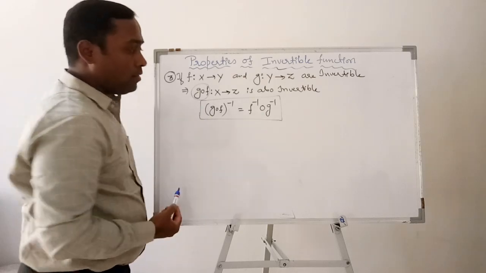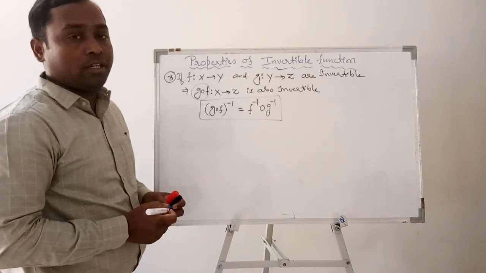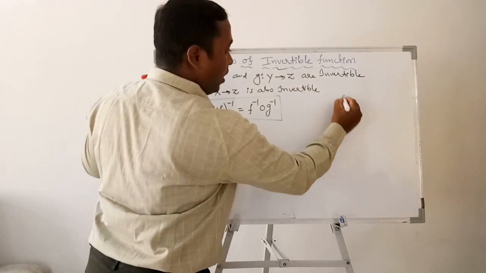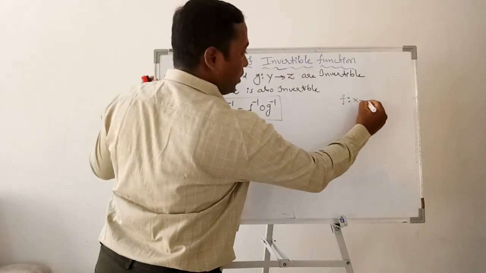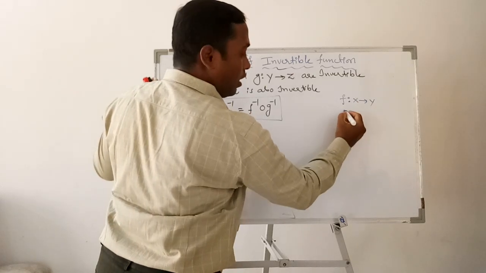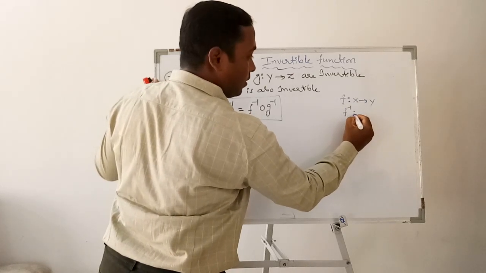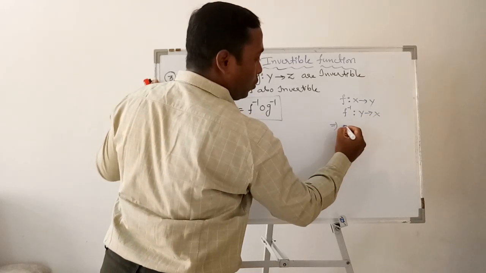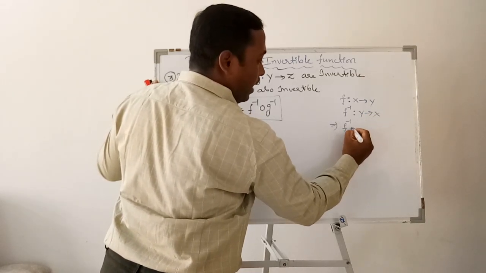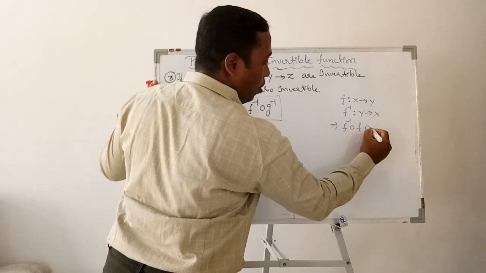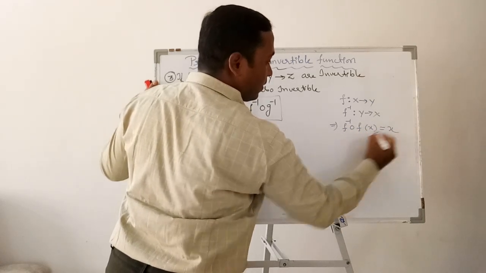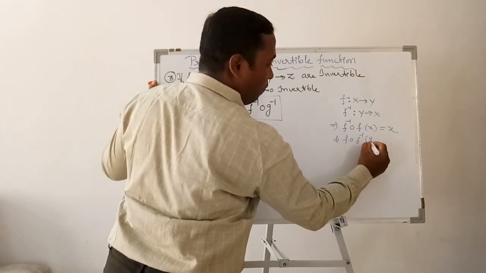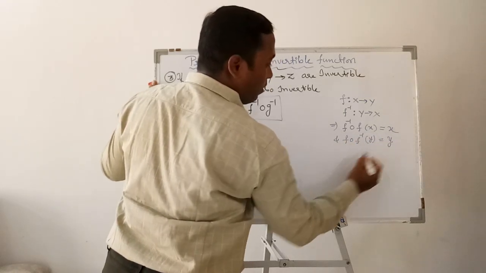To prove this, I am using the fundamental definition of invertible functions. As you know, f is a function defined from x to y, and if its inverse exists, then it is defined from y to x, and it also implies that f inverse circle f of x will always give x, and f circle f inverse of y will also give y.